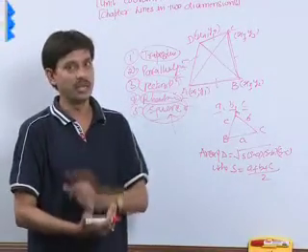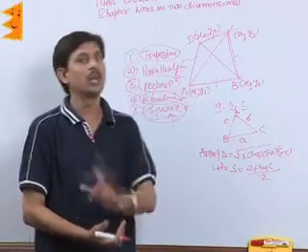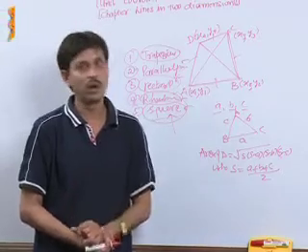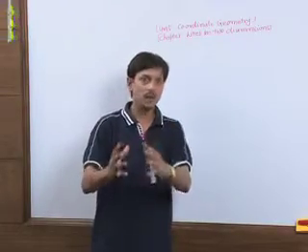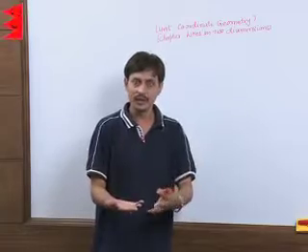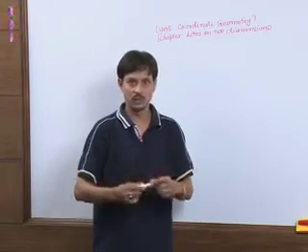Now we will take one example where we will actually calculate the area of a quadrilateral. Now we will explain how to find the area of a quadrilateral by the distance formula.